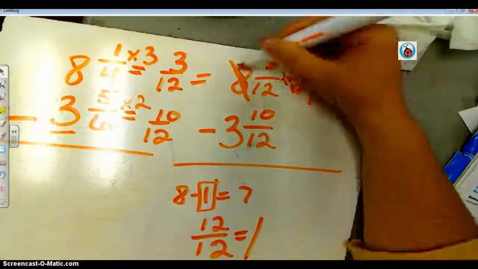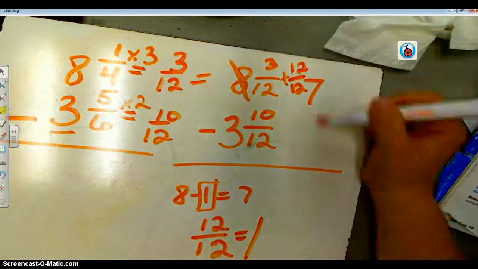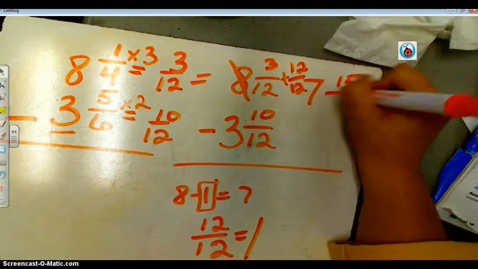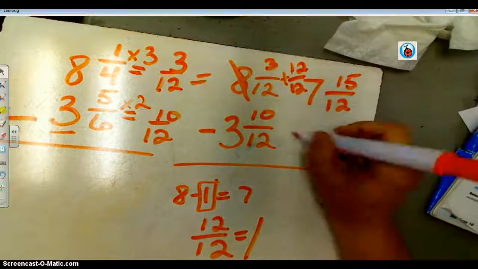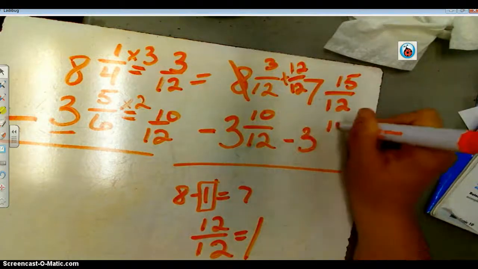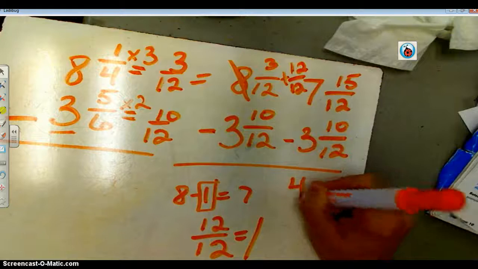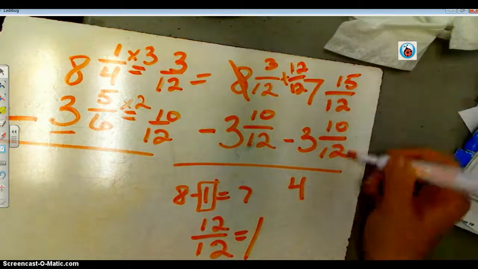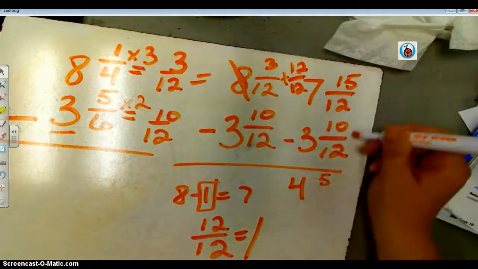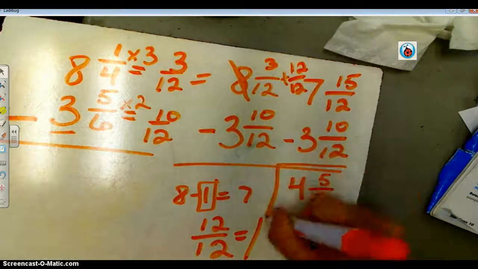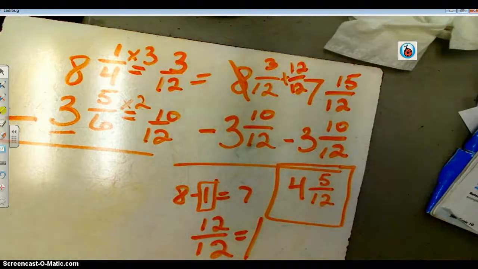This is the 1 whole that I took away from 8. Add my 3 plus my 12, I get 15 over 12 minus 3 and 10 over 12. 7 minus 3 equals? 15 minus 10 equals? 5. My denominator remains 12. So, 4 and 5/12.